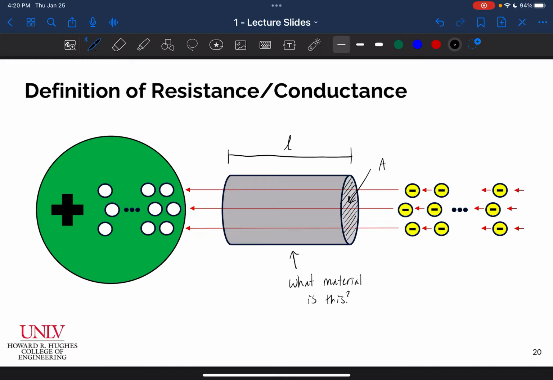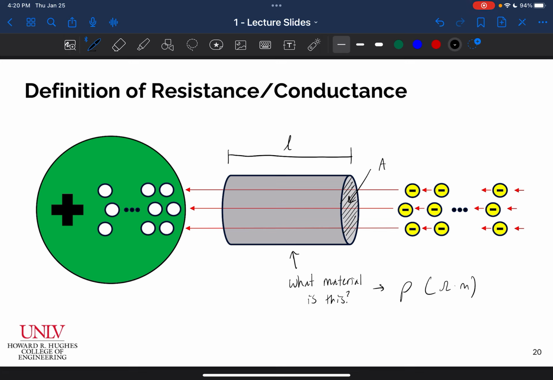The third thing here is called resistivity. It's given by the Greek letter rho, which looks a little bit like a lowercase p, at least when I draw it, because I don't write in Greek. The resistivity gives us a measure of how resistive that material is, and the units are ohms times meters.